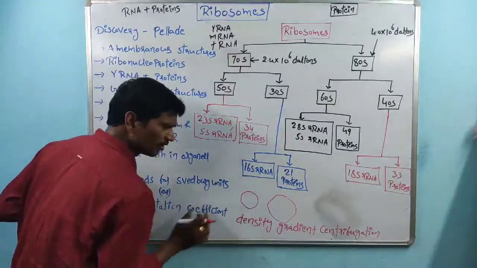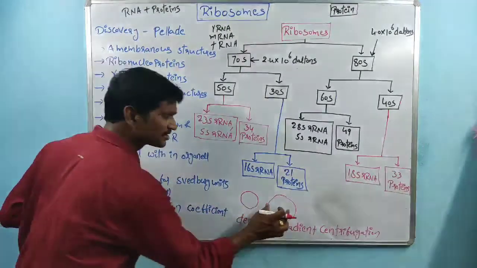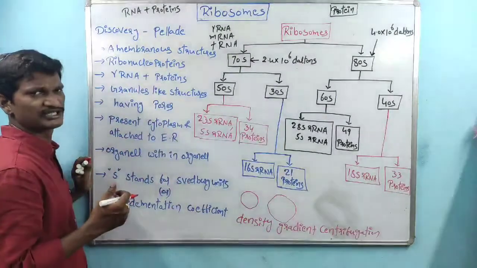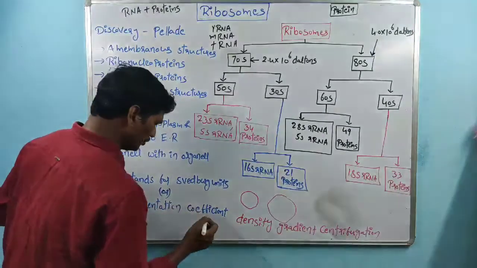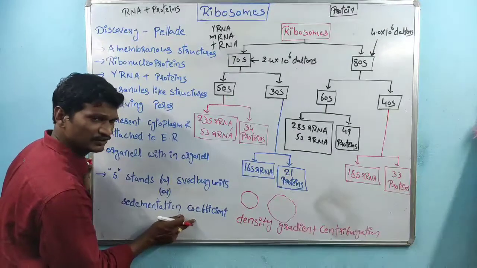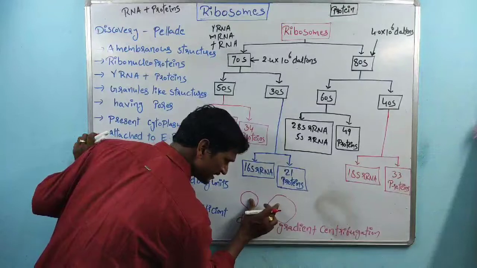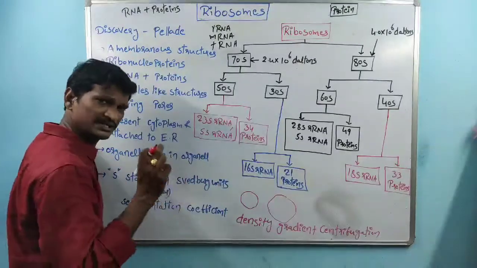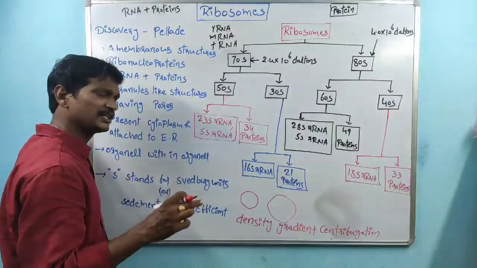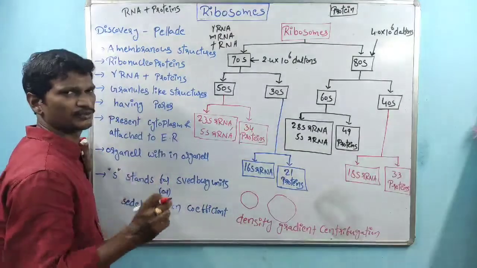So small size molecules have low Swedberg units, and large size molecules have high Swedberg units, right? Swedberg units are nothing but the sedimentation coefficient. Sedimentation coefficient means molecules are separated based on size and shape when subjected to the density gradient centrifugation process.